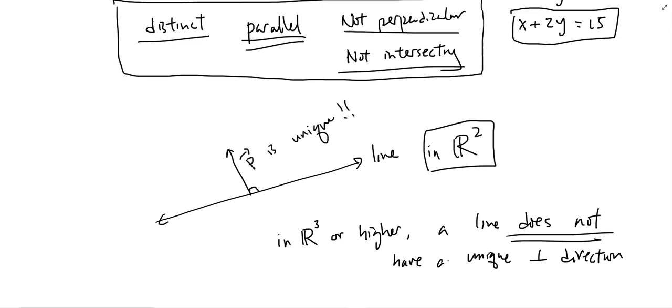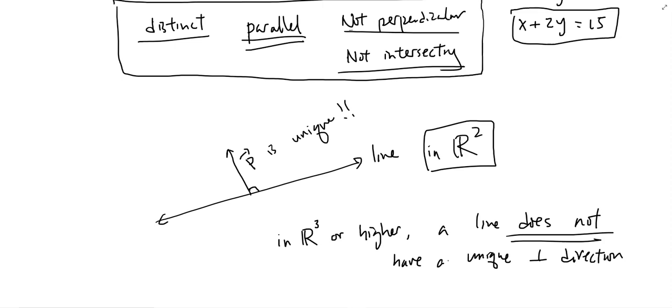That's the reason why you cannot form a line in R3 or higher using standard form or equation form, because it requires a unique perpendicular direction, and a line in R3 or higher does not have one. It has infinitely many perpendicular directions.